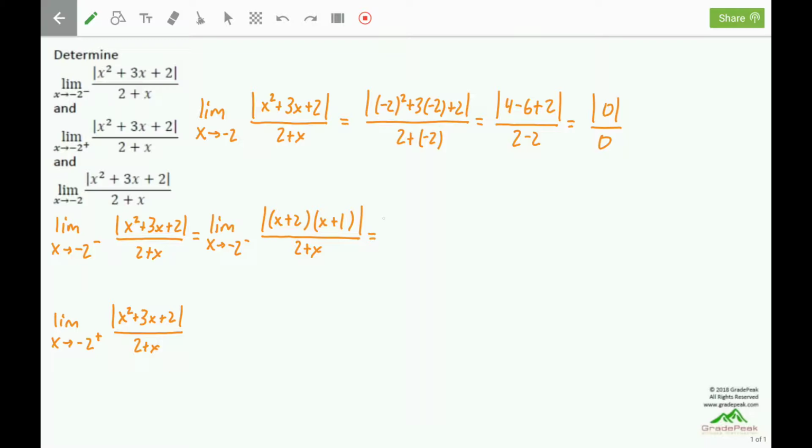And now we can separate the absolute value of that product into the product of absolute values, meaning we can write it as absolute value of x plus 2 times the absolute value of x plus 1.